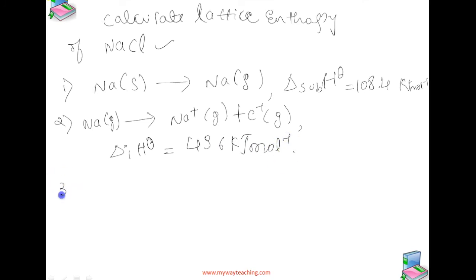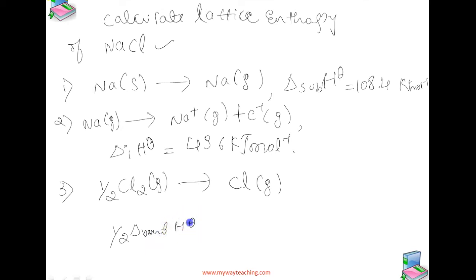The third step, moving to chlorine, which is converted into gas. The dissociation of chlorine: the reaction enthalpy is half the bond dissociation enthalpy, that is 121 kilojoule per mole.